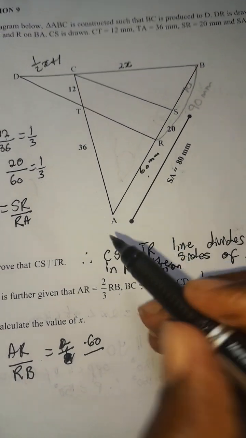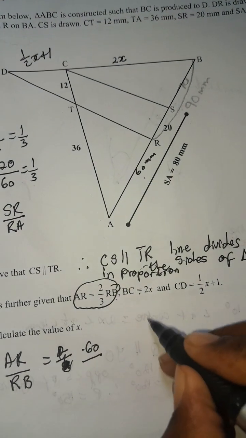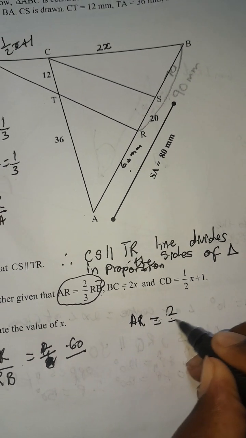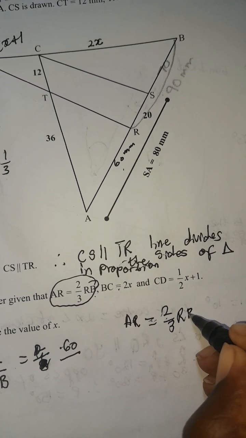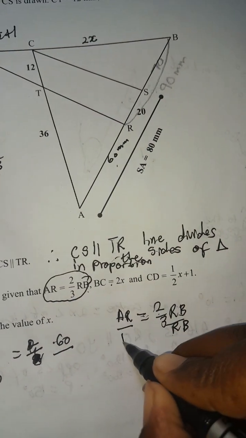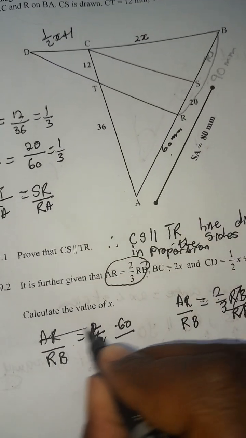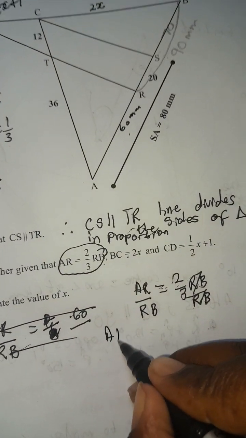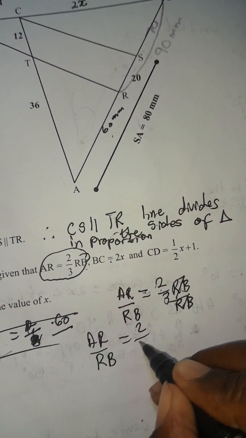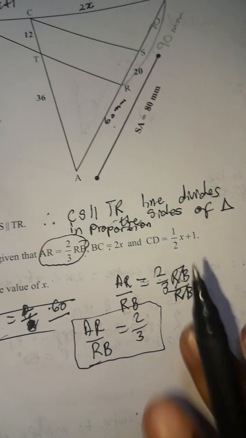Because we have AR, which equals 2/3 of RB, let's divide everything by RB. So this and this cancel, meaning that AR all over RB will be 2/3.